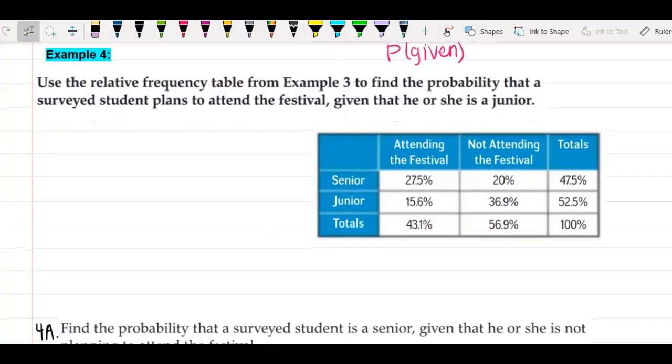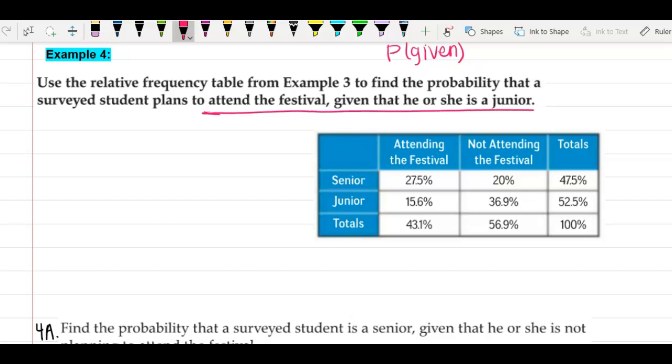We already have our chart figured out. It's the chart that we just did. We are trying to figure out: a student plans to attend the festival given that he or she is a junior. So we want the probability that they're going to attend given that this person is a junior.